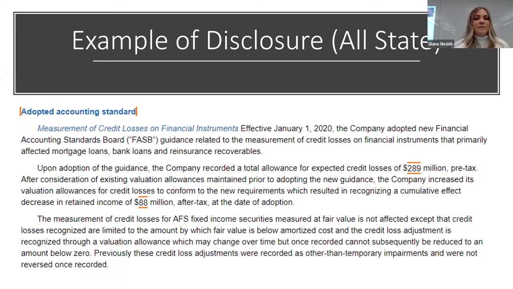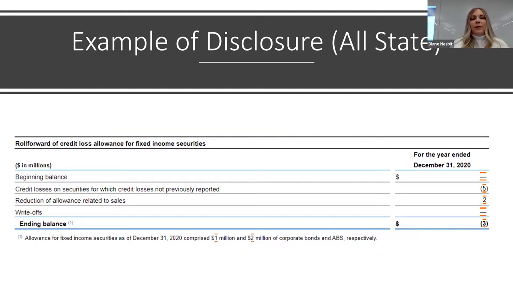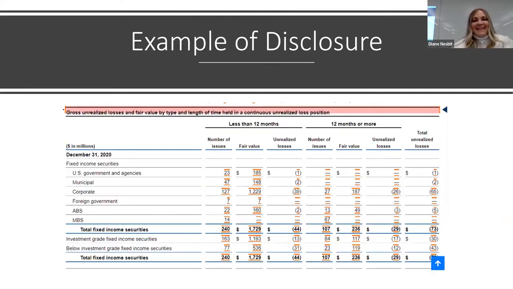It's just talking about your measurement on credit losses, and just in narrative form disclosing what some of those amounts were and some of the policies around the standard. So here are the different asset classes and how they're impacted by the standard. And then here's the roll forward that we referenced of your credit losses for fixed income securities. This might be the most straightforward one, right? Your roll forward.